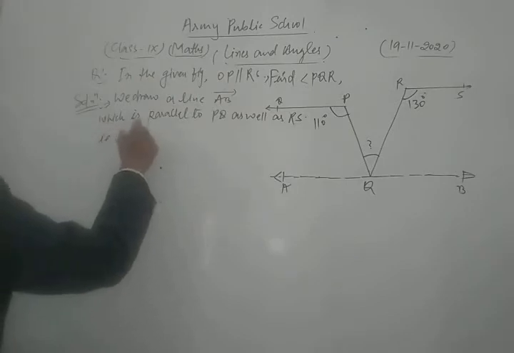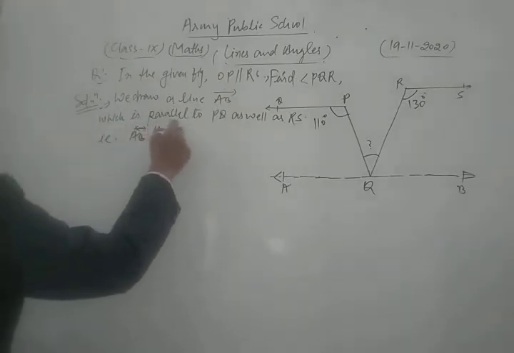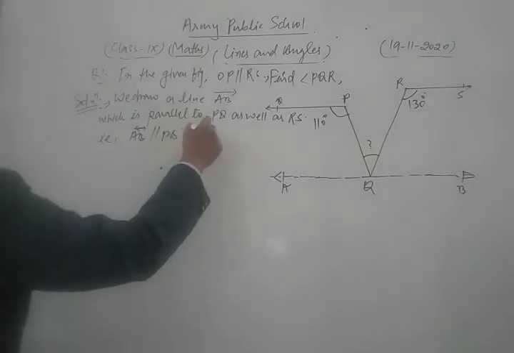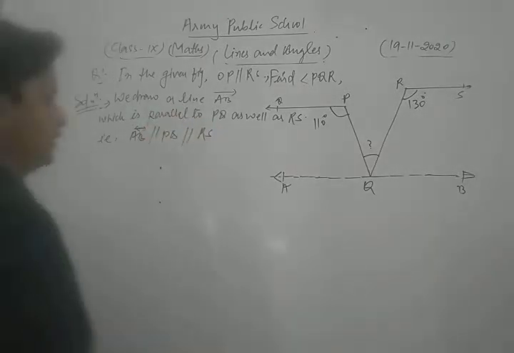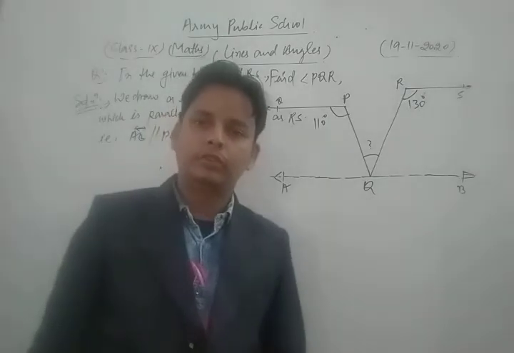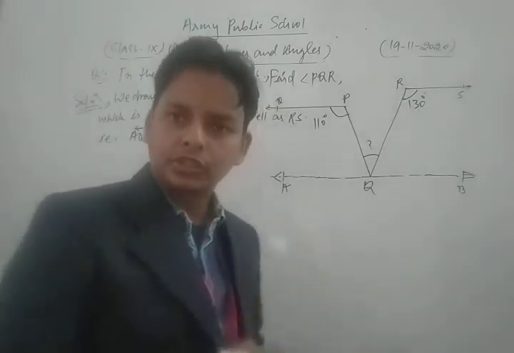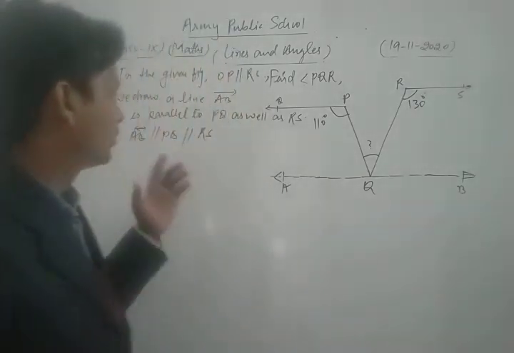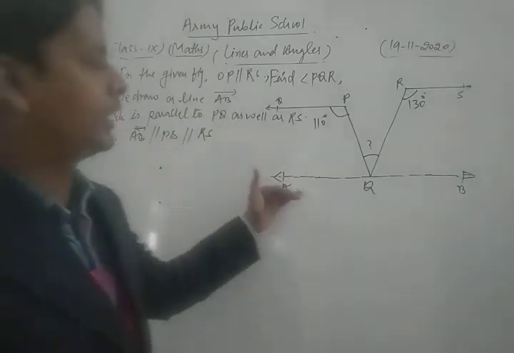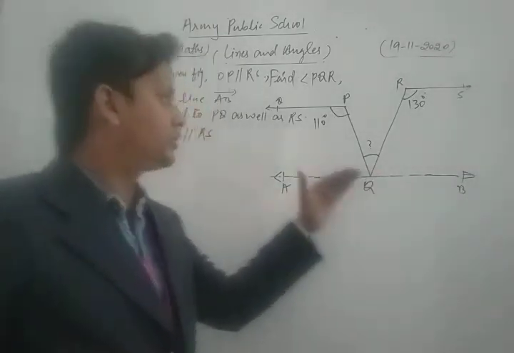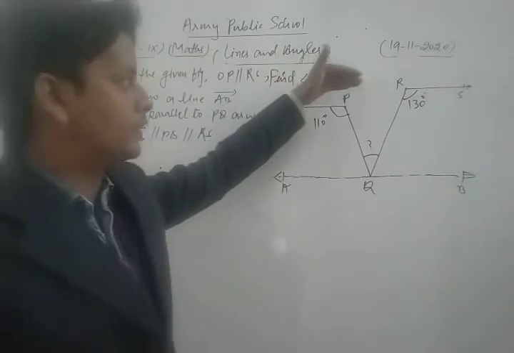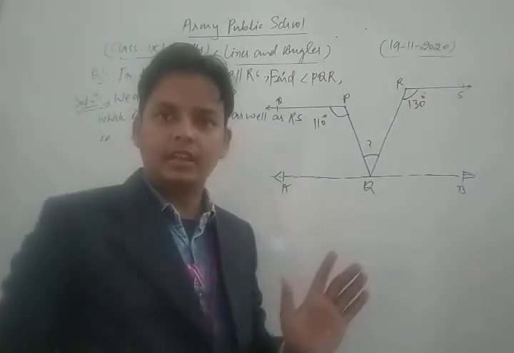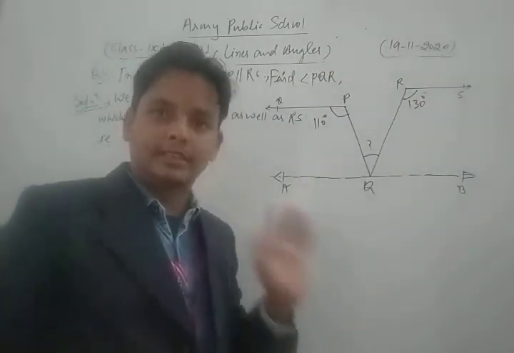That is, line AB is parallel to PQ as well as parallel to RS respectively. Now first of all, we have to do some construction in that figure, and for that we draw a line AB which is parallel to PQ as well as parallel to RS.